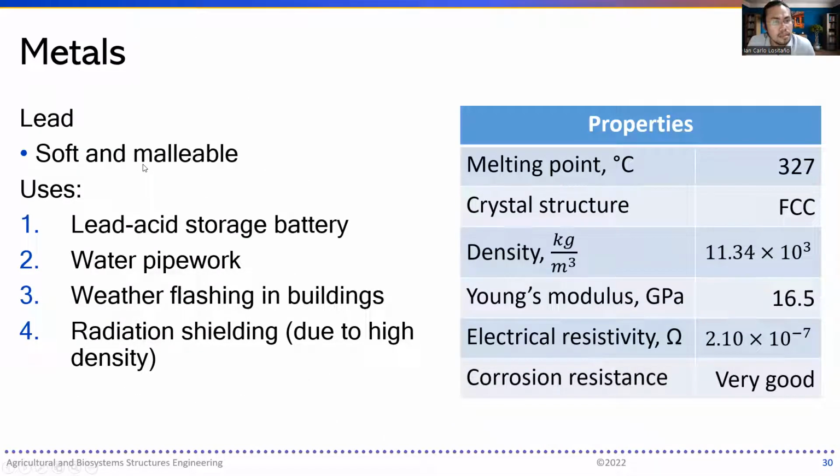Okay, lead, soft and malleable. Lead is one of the reasons for the decline of the Roman Empire because it is very easy to work on. So this was used by the Romans in their public pools, and that was a way that they were able to intake the lead, causing the sterility of the people who went to the pools.